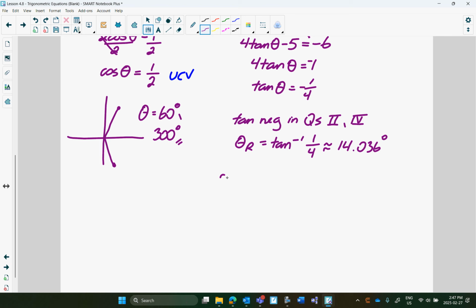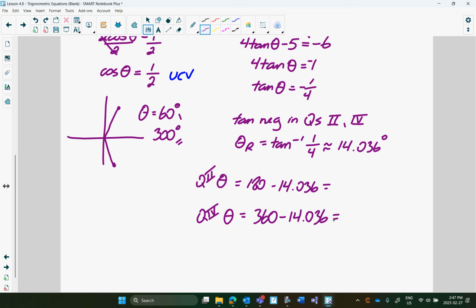So in quadrant 2, how am I going to find my actual angle? 180 minus 14.036. And in quadrant 4, 360 minus the reference angle.